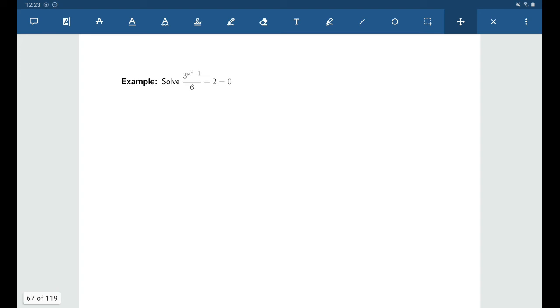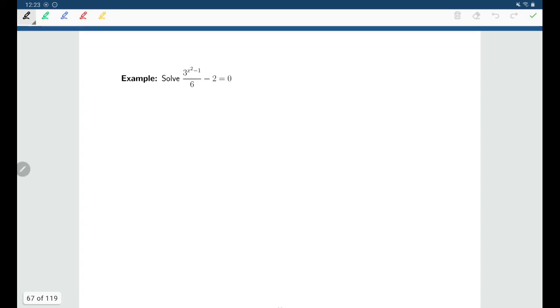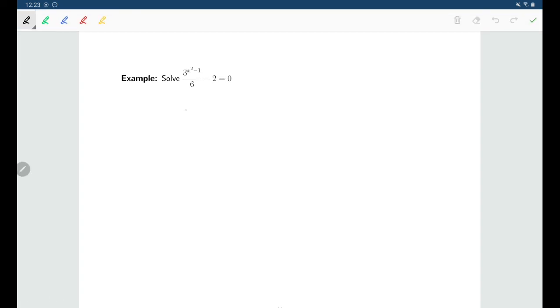All right, let's do one more. For this one, I don't have yet just a single exponential expression equal to something. So the first thing that I would want to do is isolate my exponential expression. So I'm going to first bring the 2 to the other side, and then bring that 6 up, making the right side 2 times 6, which is 12.